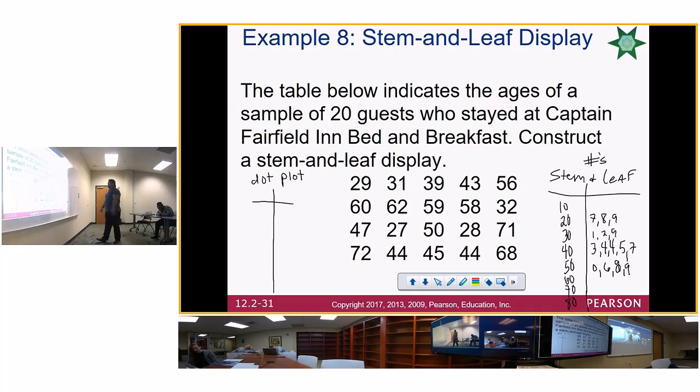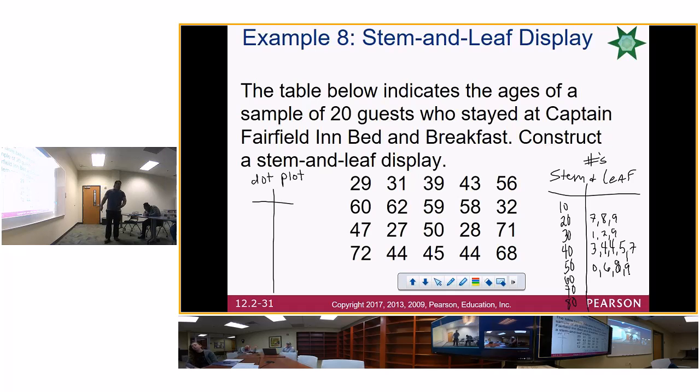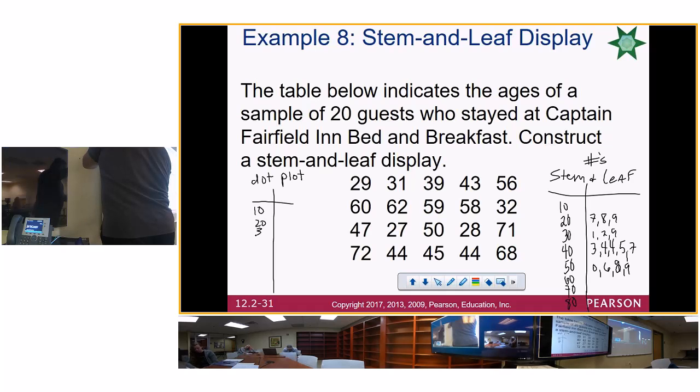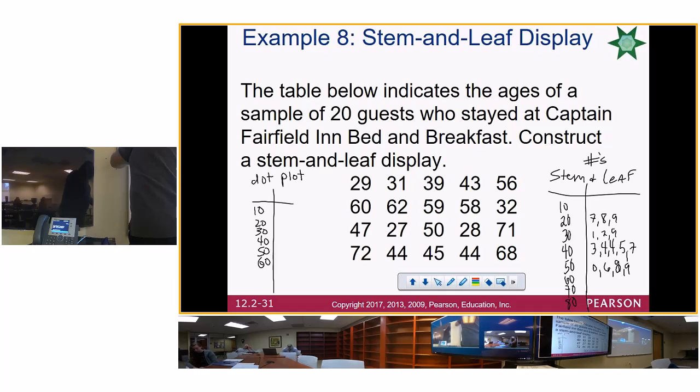Yeah. Now, what do you do if you don't use numbers? You use what? Dots. 10, 20, 30, 40, 50, 60, 70. How many 10s do we have? None, so it don't get no dots. How many 20s do we have? 3.